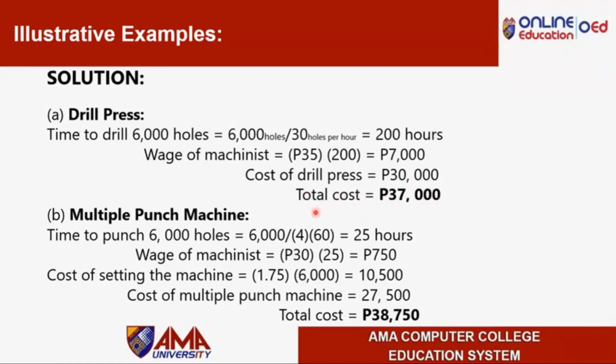It's better to use the drill press because you will only spend 37,000 pesos, unlike the multiple punch machine, which will cost 38,750. But if you base on the number of hours, this is faster: in 25 hours you can complete the 6,000 holes. But if you base on the cost, still the drill press.